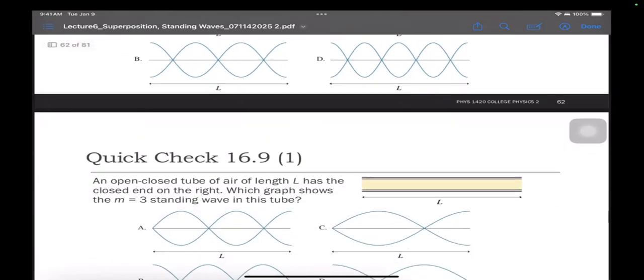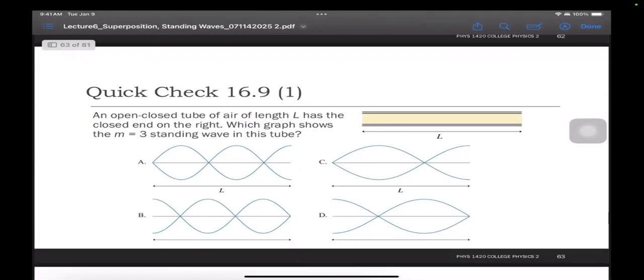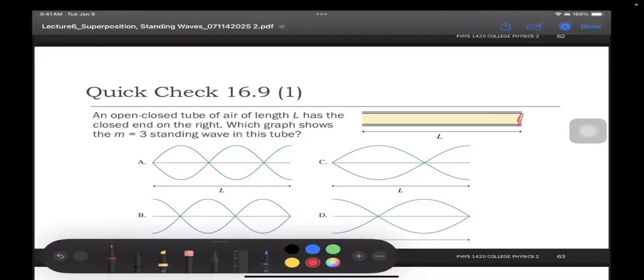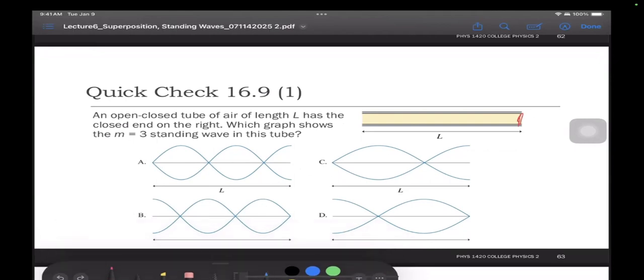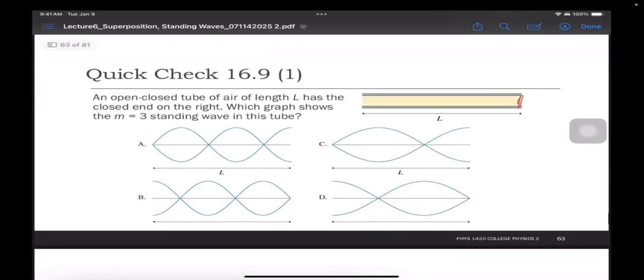Okay, let's continue to talk about an open-closed tube. I think here is closed, here is open. A tube of air of length L has the closed end on the right. Which graphic shows m equals 3 standing wave in this tube? And with the open-closed tube, the frequency will be half, am I right?